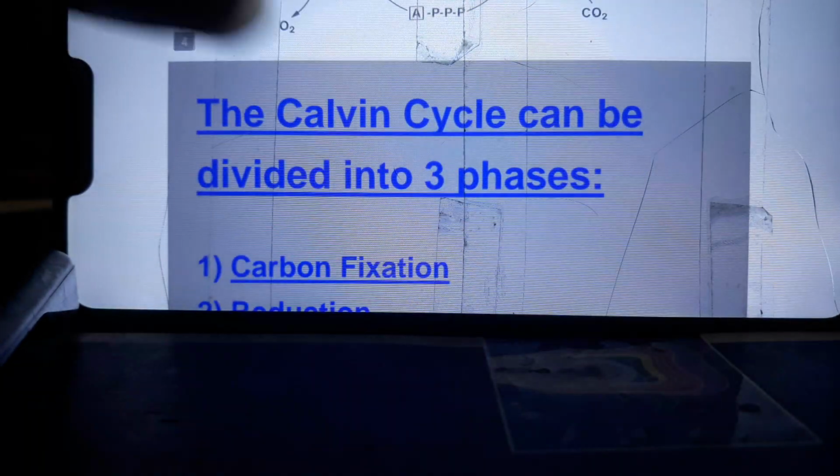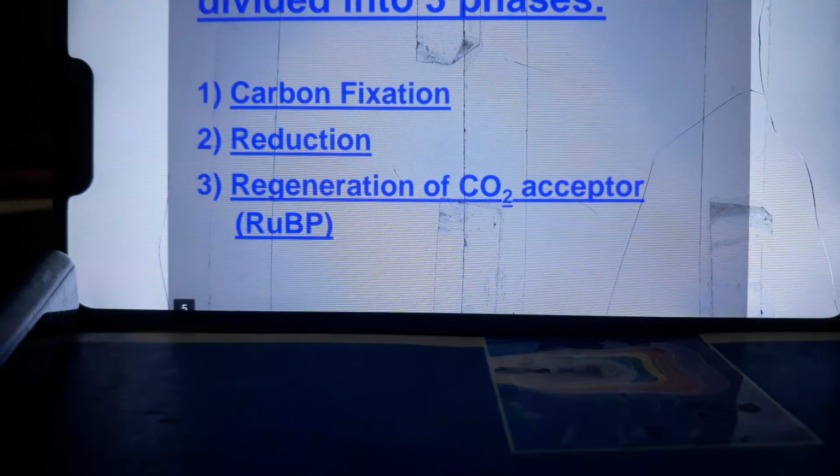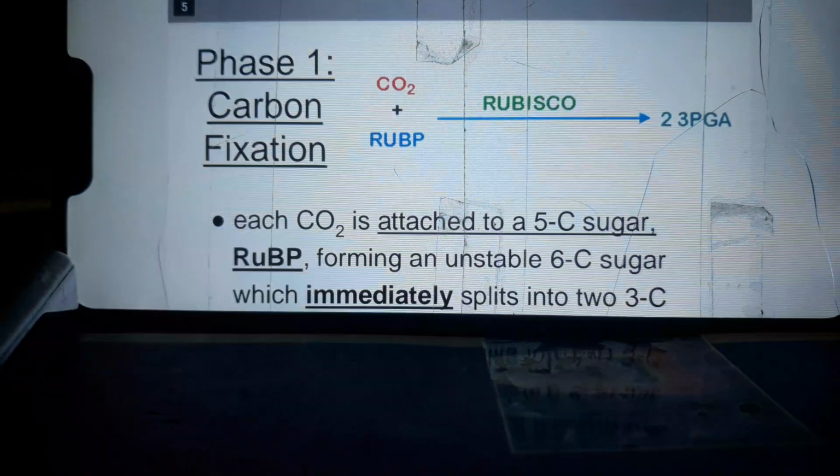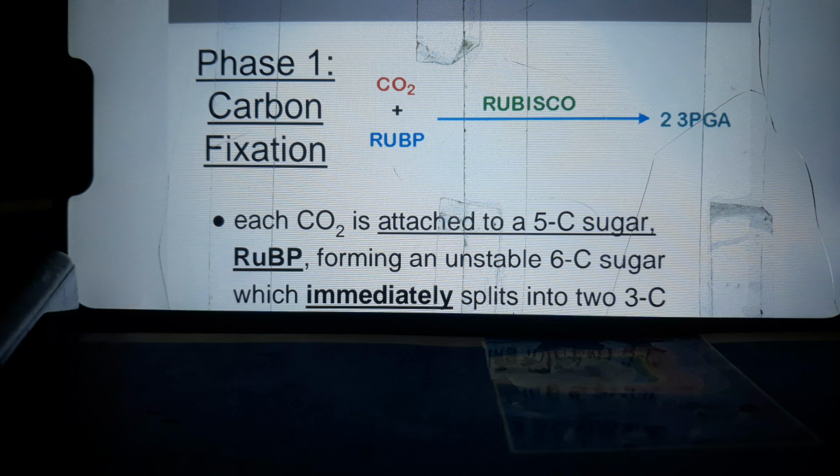Now, the Calvin cycle can be divided into 3 phases: carbon fixation, reduction, and regeneration of the carbon dioxide acceptor, RuBP. Phase 1 is carbon fixation, in the presence of carbon dioxide plus RuBP, we have rubisco, which causes the formation of 2 3-PGA, right?